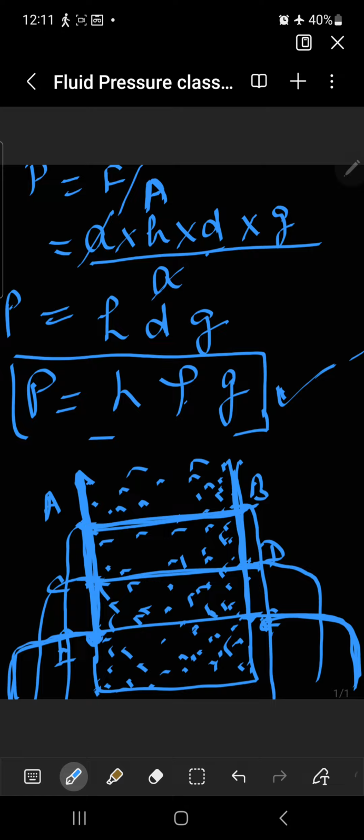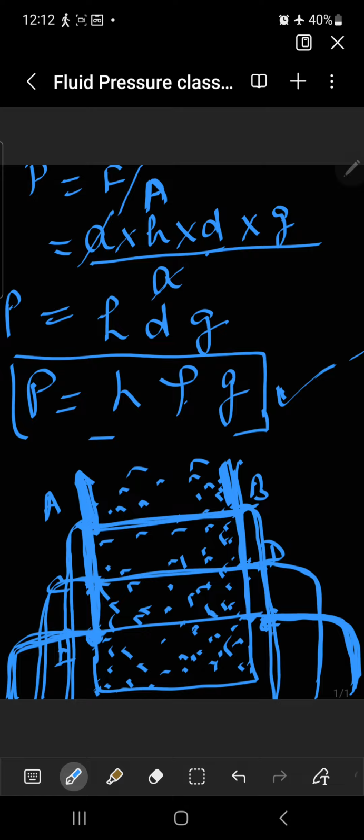And at point AB, the height of water creating pressure is this much only. So here the height is decreasing when we go upwards, so the pressure is also decreasing. Here is the maximum pressure, so water goes far away from the hole. Here the pressure is lesser than the earlier one, and here the pressure is very low.